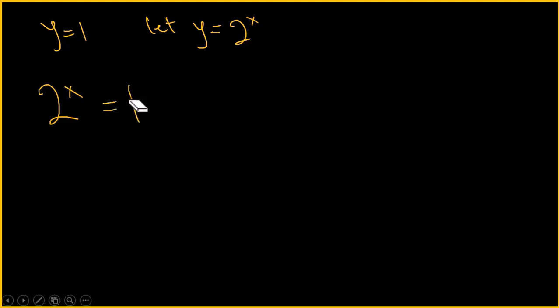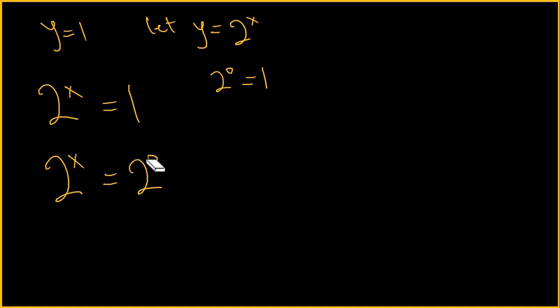And from the properties, any number raised to the power 0 is 1. So finding a base of 2, we know 2 to the power 0 is also 1. Now we replace this 1 with this index form. We have 2 to the power x equals 2 to the power 0. And if the bases are the same, the exponents are equated. We have x equals 0.